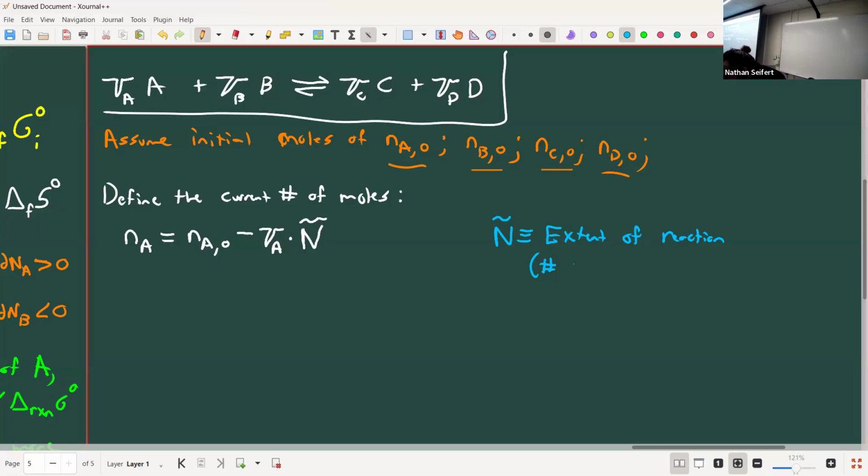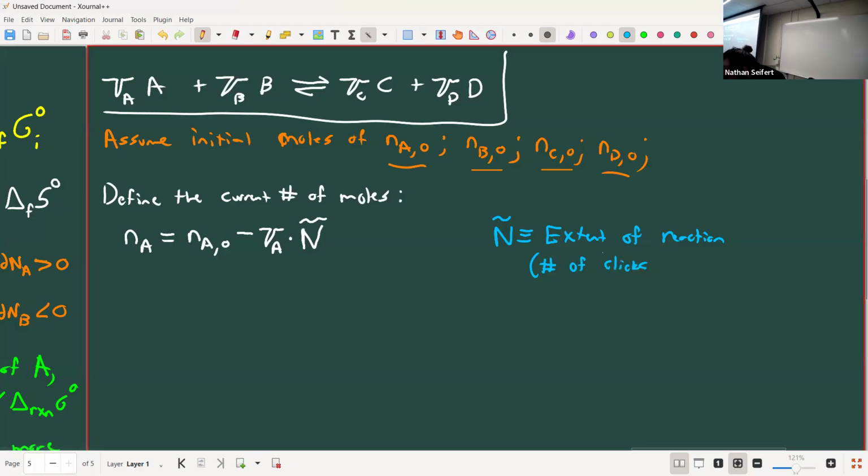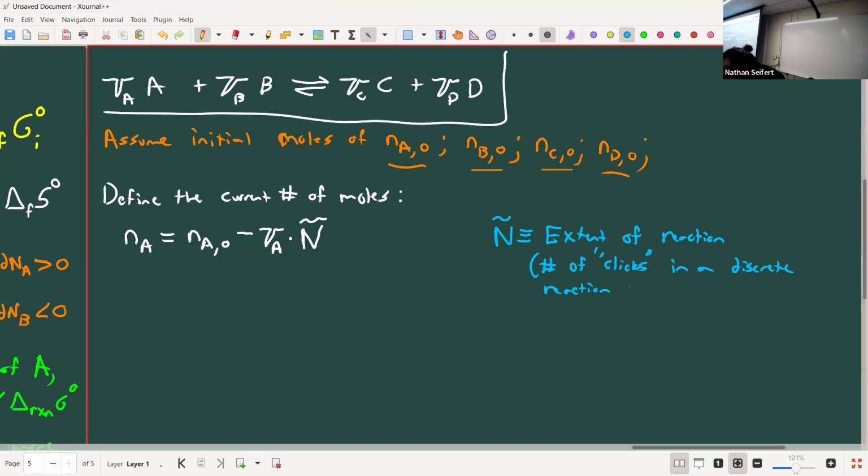So it's a number of clicks in a discrete reaction process. After the first click, you lose this many moles.